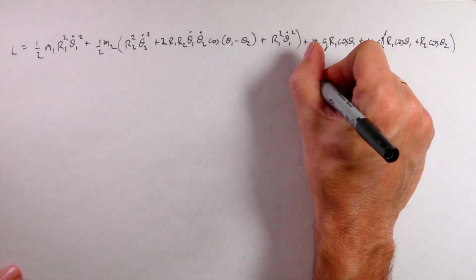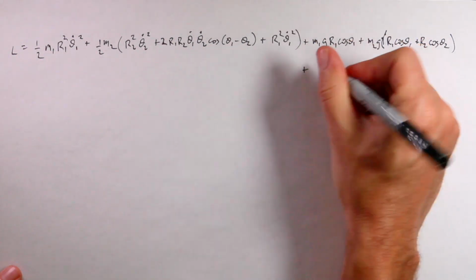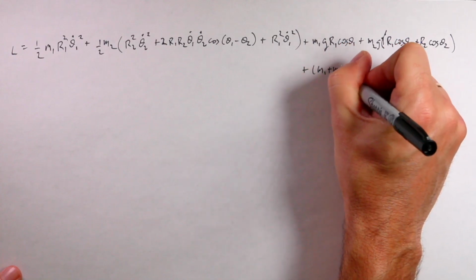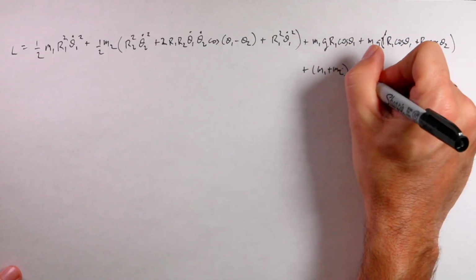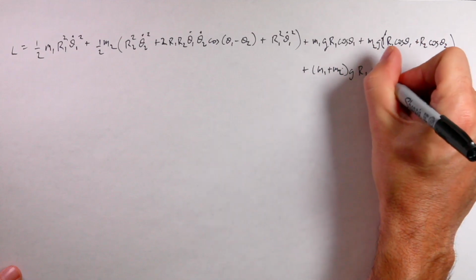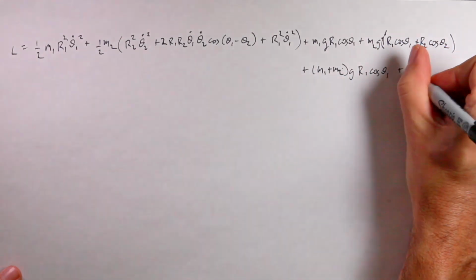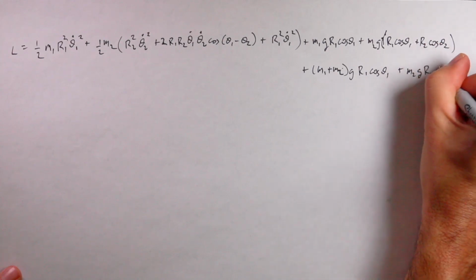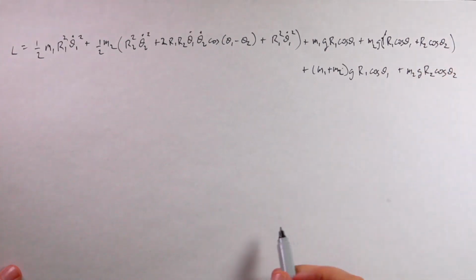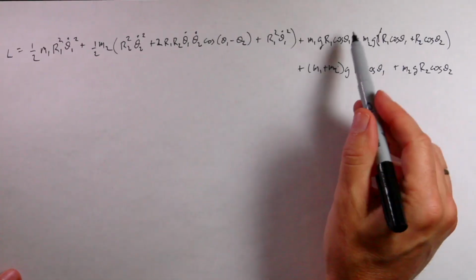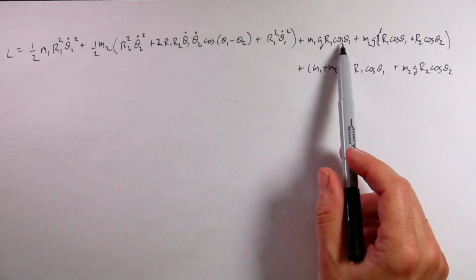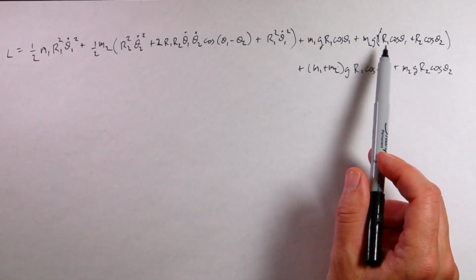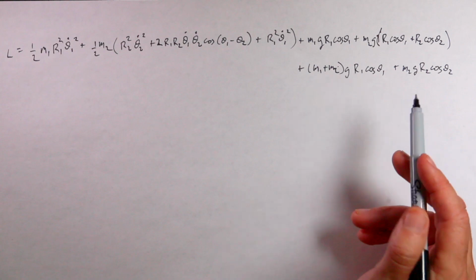So let me just write this part as plus (m1 plus m2) g r1 cosine theta 1 plus m2 g r2 cosine theta 2. Okay, so that replaces that last term. I don't want to have 3 cosine terms, since I'm going to be taking the derivative of variables that can change, where m1 and m2 are constant, so it just makes it a little bit easier.